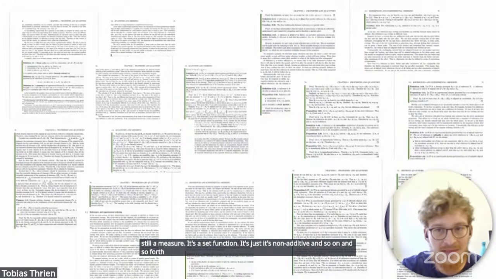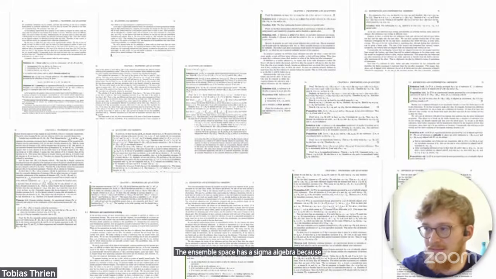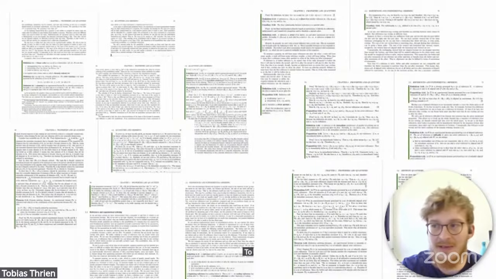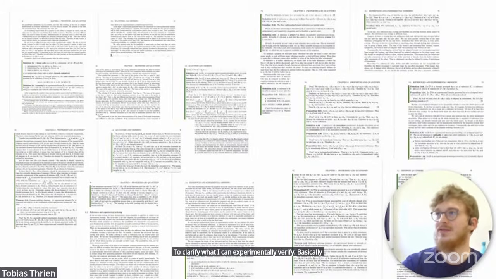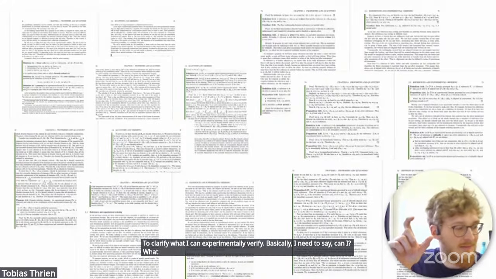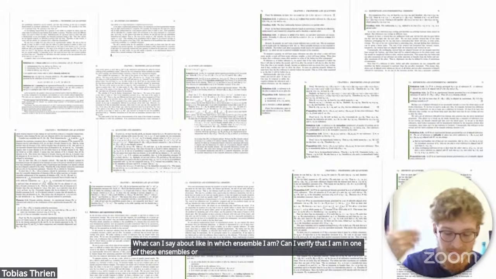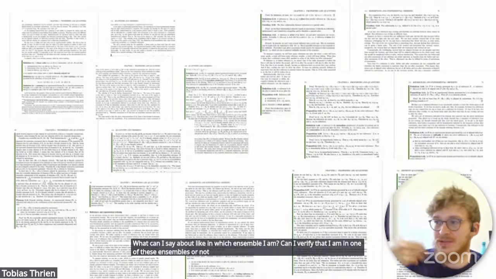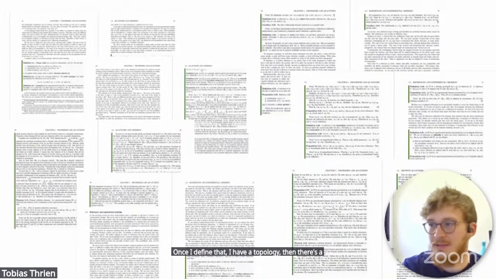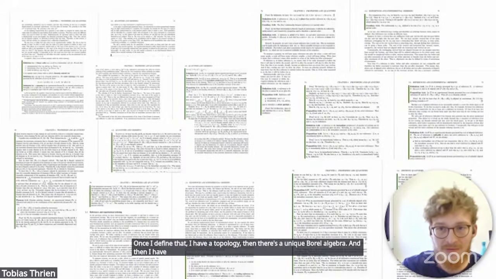The ensemble space has a sigma algebra because I need to clarify what I can experimentally verify. Basically, I need to say what I can say about which ensemble I am in. Can I verify that I am in one of these ensembles or not? Once I define that, I have a topology, then there's a unique Borel algebra, and then I have the sigma algebra on the ensemble space.